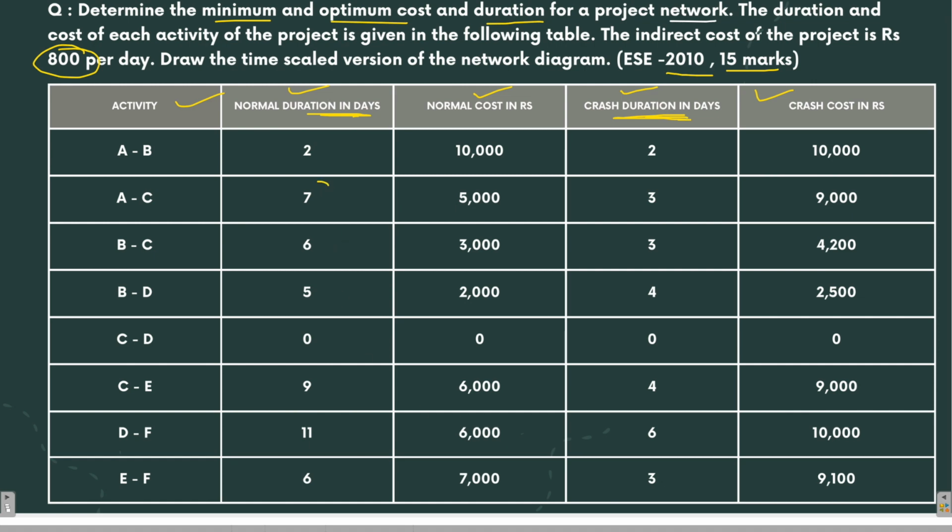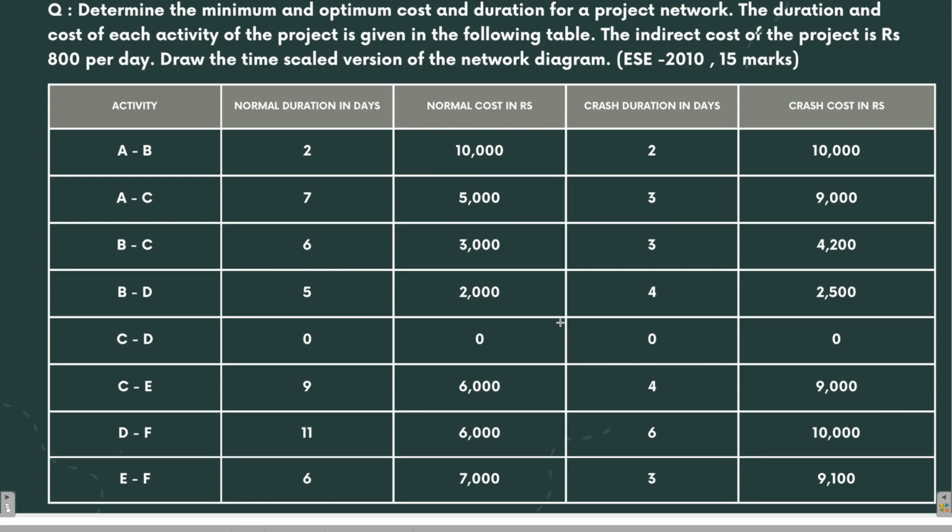Like a 7 day activity can be reduced to 3 days, but there will be an extra cost for that. If activity AC is completed in 7 days, the cost will be 5,000, while if it is completed in 3 days, it will cost rupees 9,000. That means there will be 4,000 extra. So this is the concept of crashing.